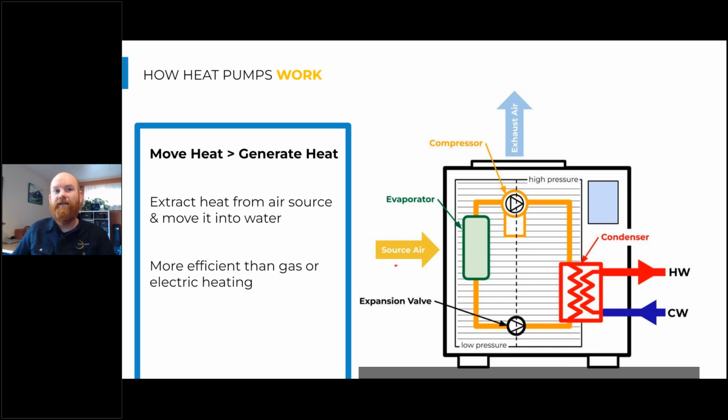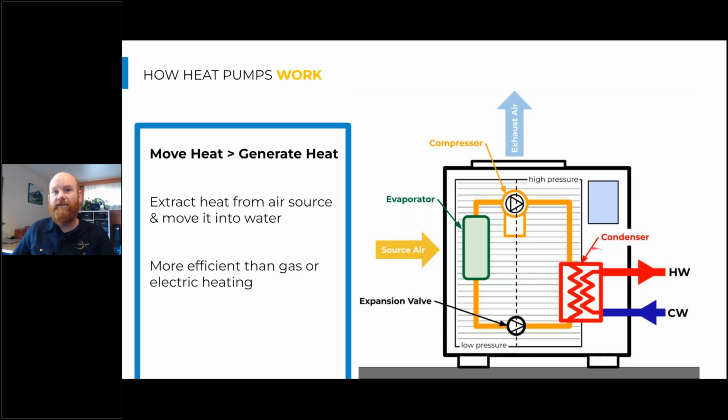So we can take 20 to 30 degree source air, extract heat from it, and put that heat into water and make it above 120 degrees. Often heat pump water heaters can heat up to about 150 degree water. So there's a lot of available heat in that air that we can utilize in this heat pump circuit.